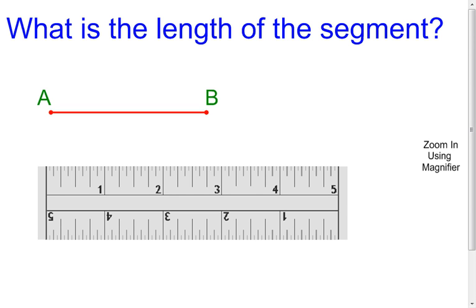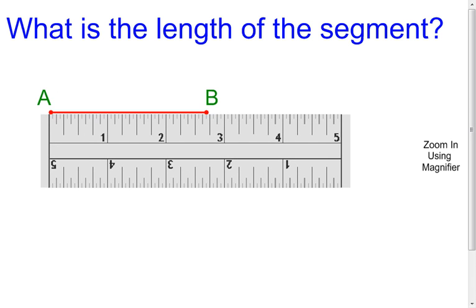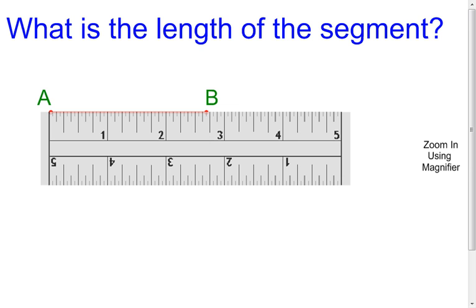Now I want to look at this one and I want to know, well, what's the length of this segment? I have my ruler here. We're going to say this ruler is in terms of inches. I'm going to put my ruler on my segment. So I get it on there like that. Now I can look at this, and I'm figuring out it's 2 inches, and then, well, it almost gets to 3/4 of an inch more, but it's kind of on that next tick back, which would be your 11/16.